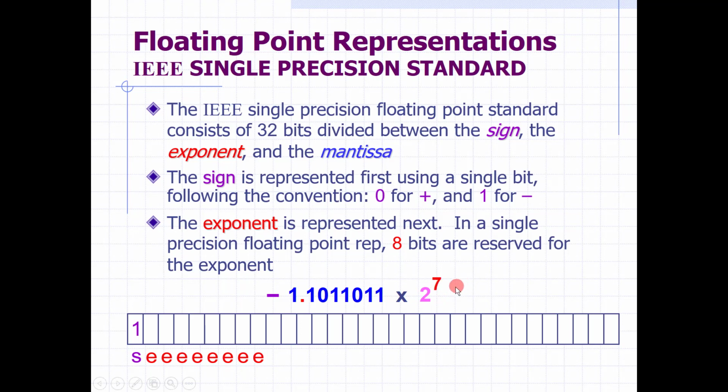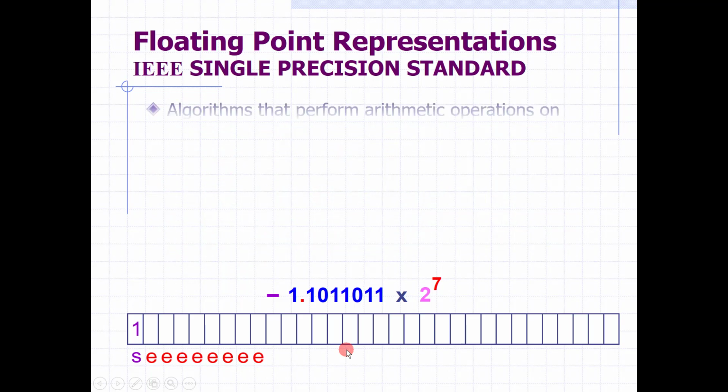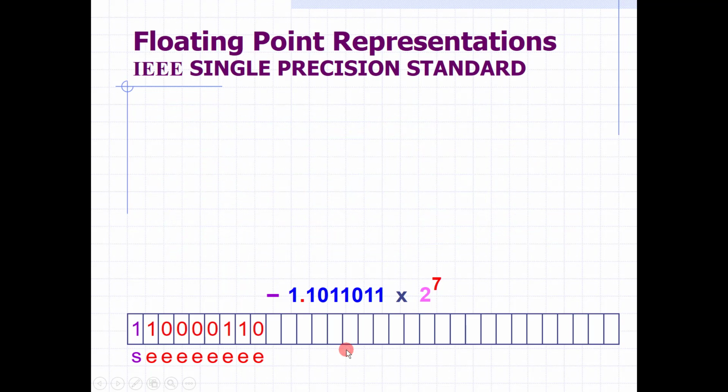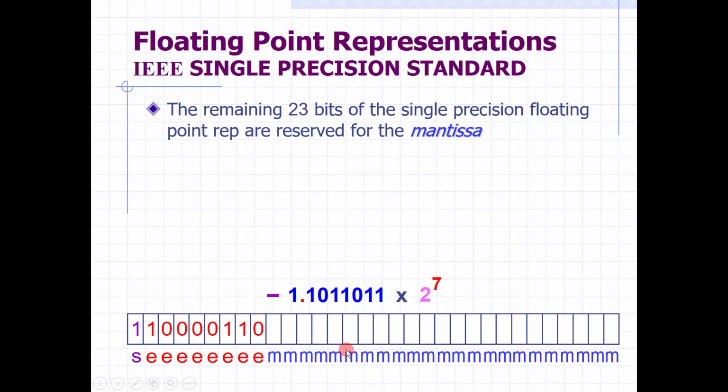And we learned in the last video that excess and bias are great when you have to do some sort of incrementing. The rest of these bits will be used to store the mantissa. When we store the exponent, the rule will be bias 127.